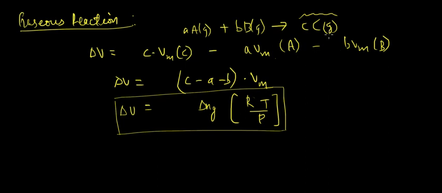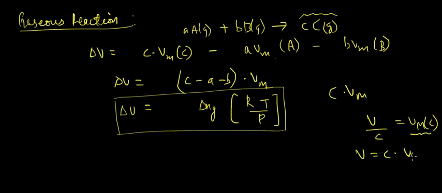Suppose you have been given the molar volume of C, so the final volume would be molar volume of C times C. Why can we write this? Because total volume divided by moles of C would be equal to the molar volume of C. So now we have been given the molar volume of C, so total volume would be C times Vm of C.